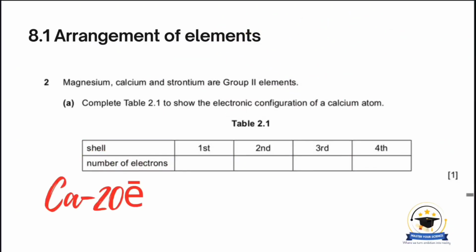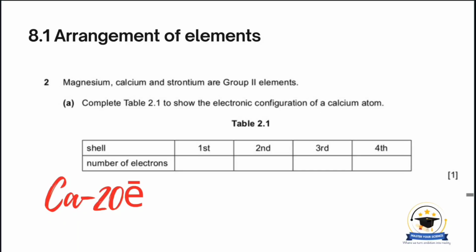Right. The next question says magnesium, calcium, and strontium are group 2 elements. Complete table 2.1 to show the electronic configuration of a calcium atom. So calcium, if we look at the periodic table, has proton number 20, which means the element would also have 20 electrons.